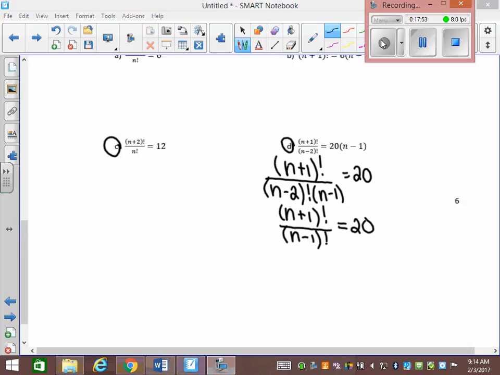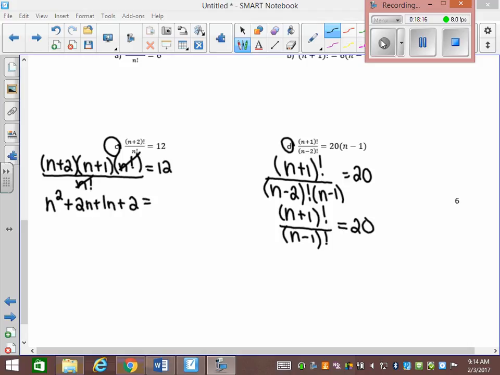Okay, so this one over here, the bigger one is n plus 2, so we'll expand out n plus 2, n plus 1, n factorial over n factorial equals 12. Just cancel. You're left with n squared plus 2n plus 1n plus 2 equals 12.